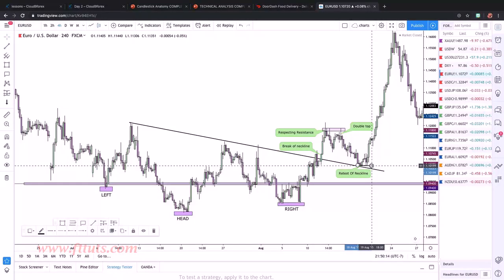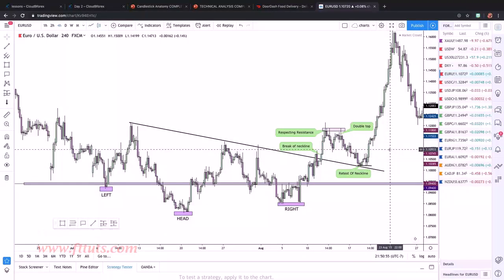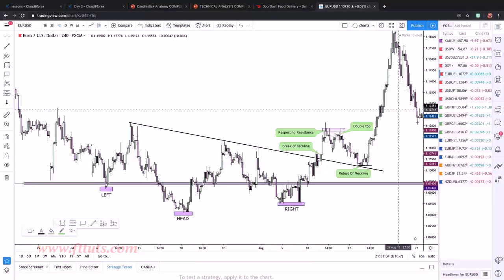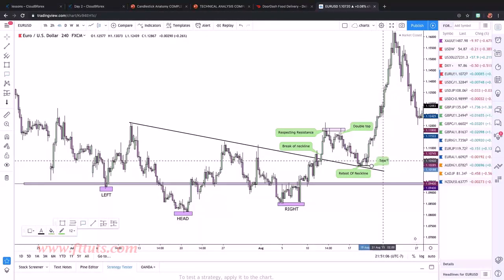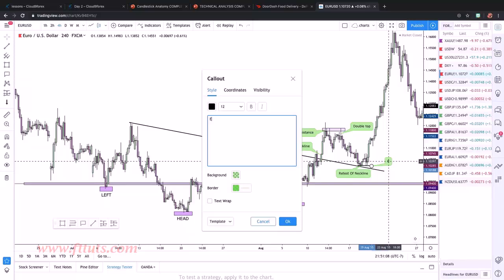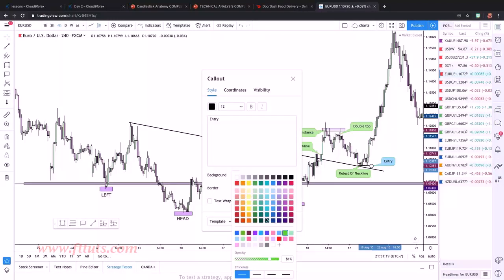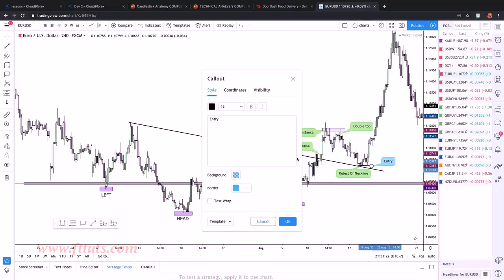So that would be our entry, that retest right there, and then we would just put a stop loss below. And then, like I said, make it whatever color you want. I just try and change the color so I'm not confused.